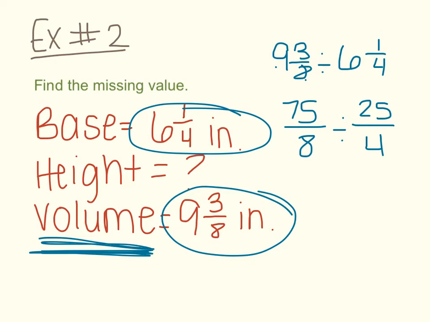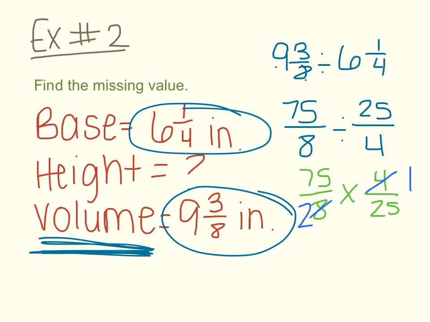Remember, we can't divide fractions, so we stay, change, flip. So we have 75/8 times 4 over 25, flipping the second fraction. I personally like to reduce across first if I can. I'm looking at 4 and 8, and I know they can both be divided by 4. 4 divided by 4 is 1, and 8 divided by 4 is 2.